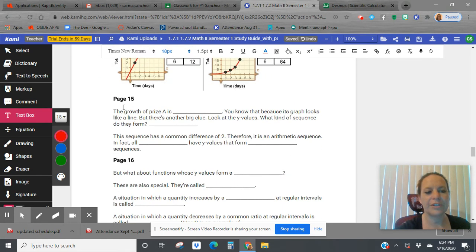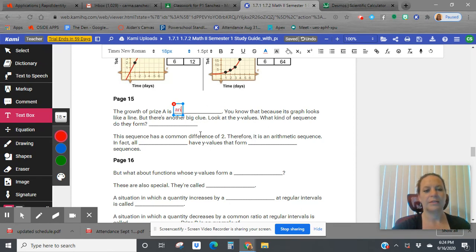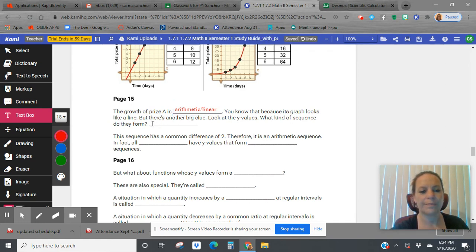Both are increasing functions. The growth of prize A is arithmetic, which computes to linear as a function, because we know that because it looks like a line. There's another big clue. Look at the y values. What kind of sequence do they form?